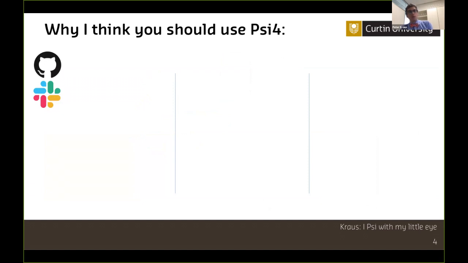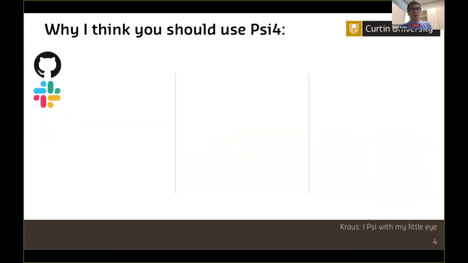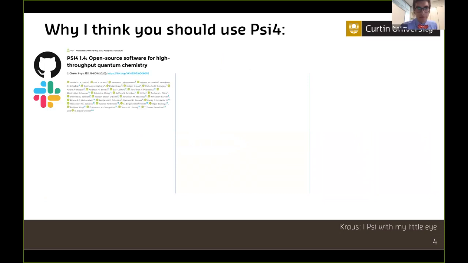Why I think you should use Psi4 though is that it has a very open development. So we are on GitHub, we are on Slack. One of the things why I really like working with this team is that they are very welcoming to any sort of contributions. You can see it in the amount of contributors that are authors on the latest Psi4 paper.